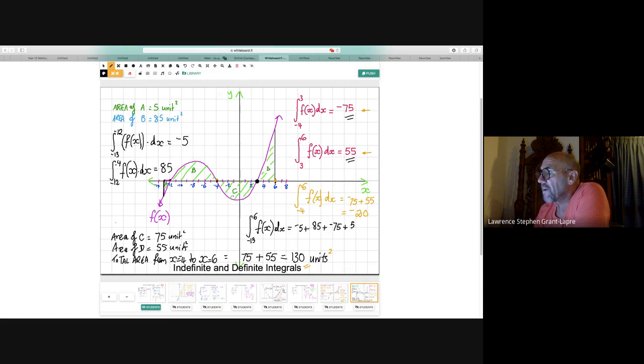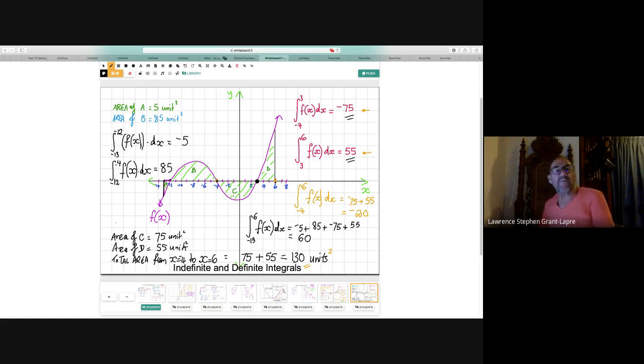If you add those together, you get 140 positives and 80 negatives. So 60 will be the overall result, +60, if my maths is correct.